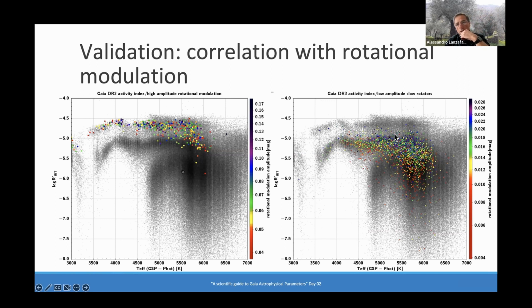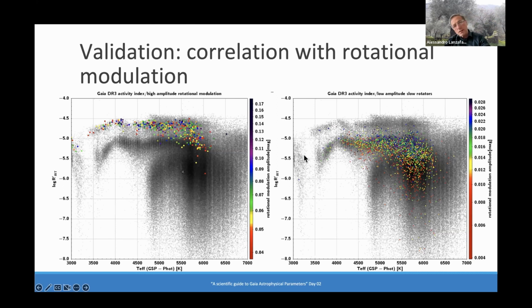So from here down, the index is essentially chromospheric activity. This branch is mostly accretion, but there are also some RS-CVN here. But here you have just chromospherically active stars.